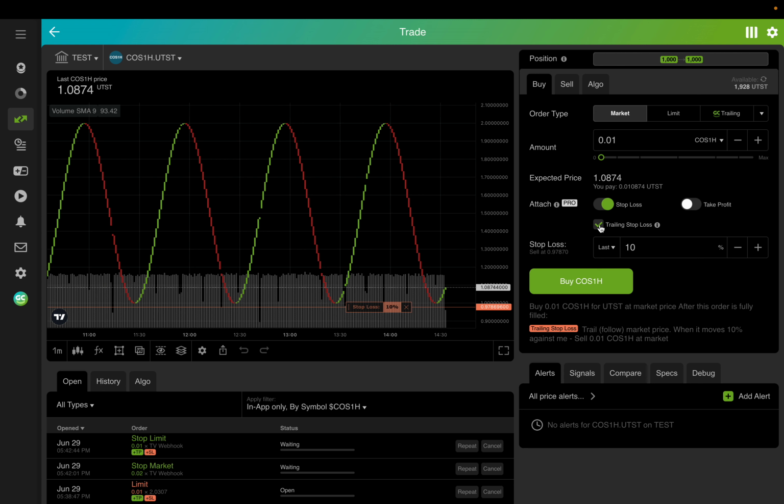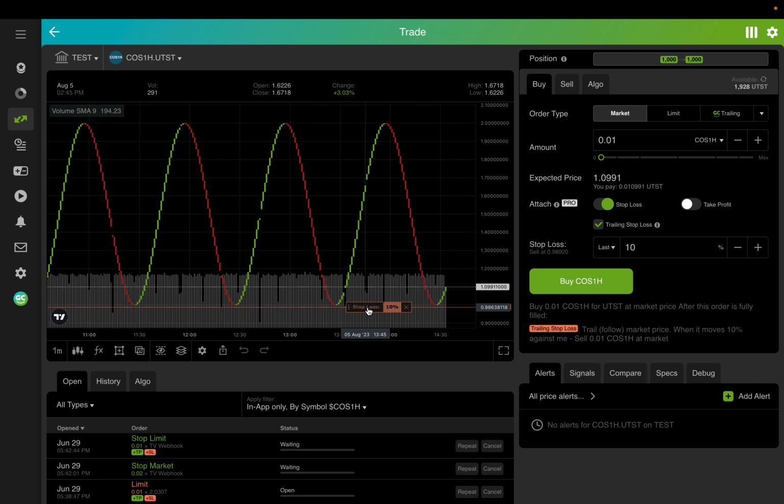What you see now is that we have the same 10%, and the stop loss stayed at the same level. However, as it is now a trailing stop loss, in case you have just sent this order and the price falls down by 10%, it's gonna hit this level, the stop loss is gonna trigger, and I'm gonna lose 10%.